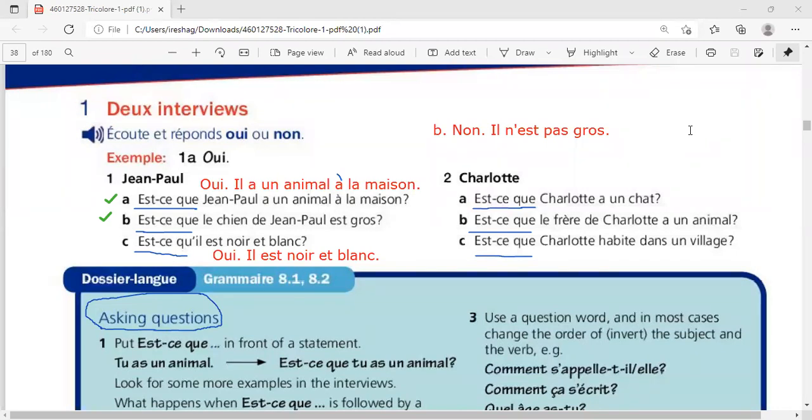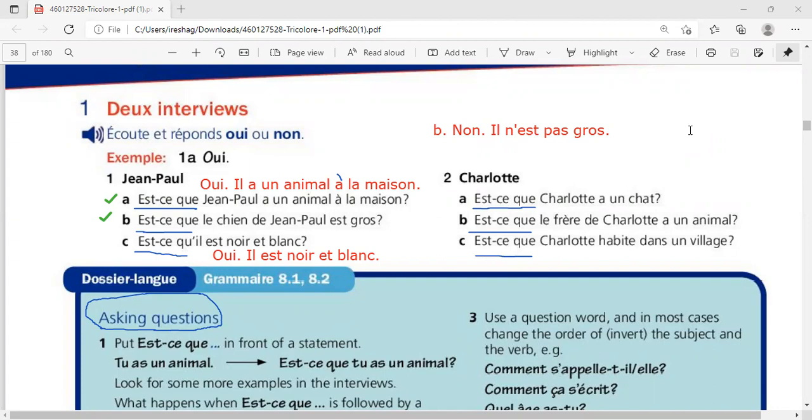Write down the first three questions of Charlotte. Miss, you're going to tell us the meaning of the questions, right? Yeah.